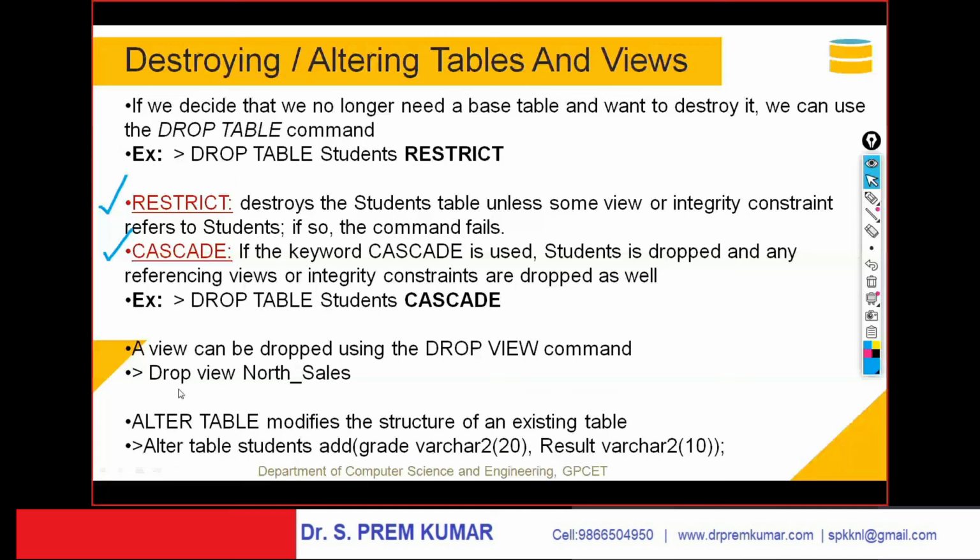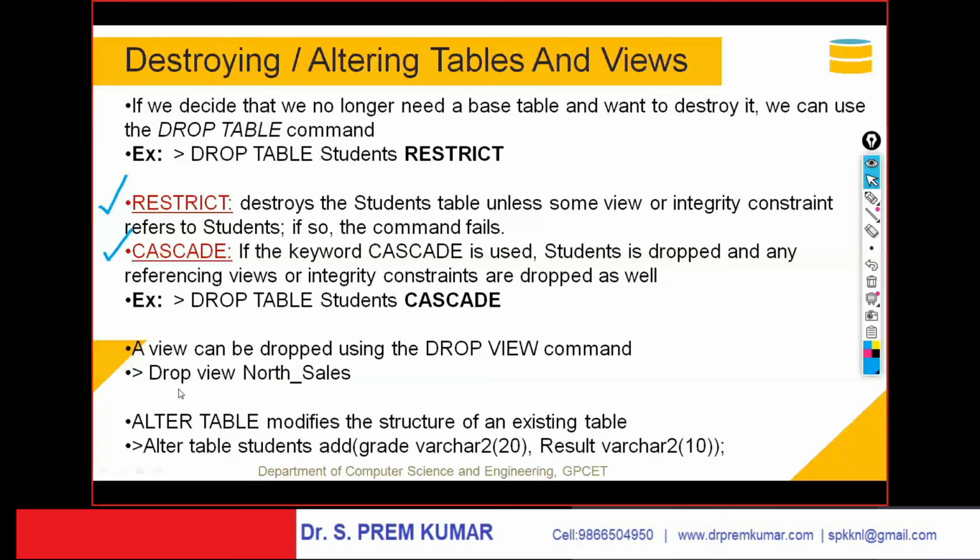That is a point to be remembered. On a base table, I created 4 views. Good. Views are working, base table is working. Now, because of some reasons, I demolished the base table. I destroyed the base table. Now, views are there, but they will not work because there is no base table. That's the point to be remembered.